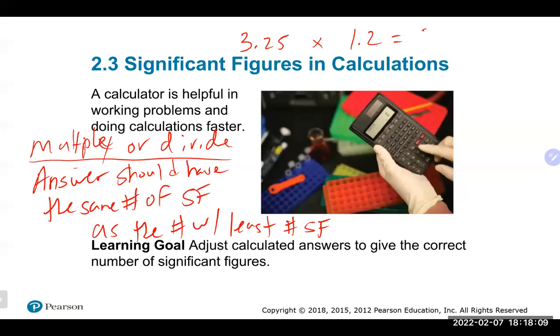In this case, we will end up with 3.9, which it actually did. We look at this number, which has 3 significant figures, and this one has 2 significant figures. That means our answer should end up with 2 significant figures.